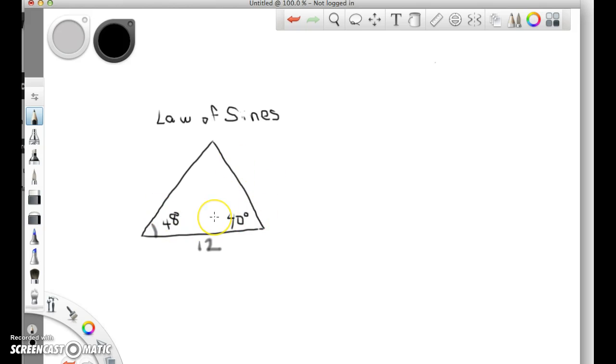So if you know two angles and one measurement, then you can know everything about the triangle.